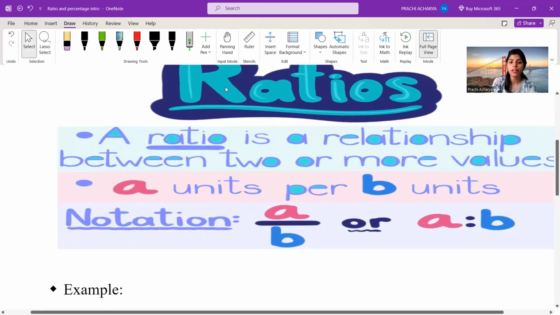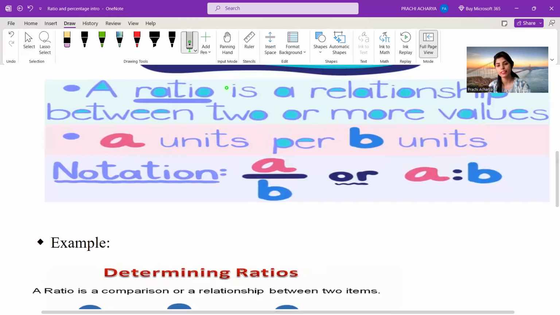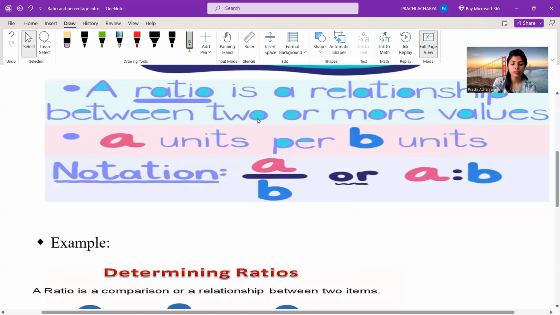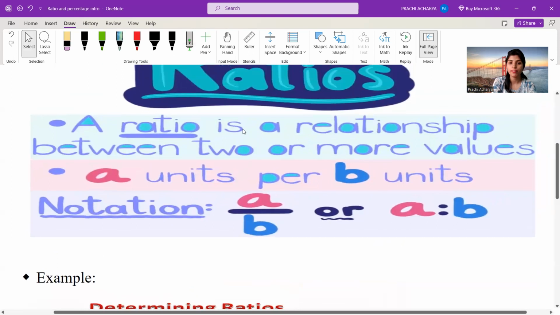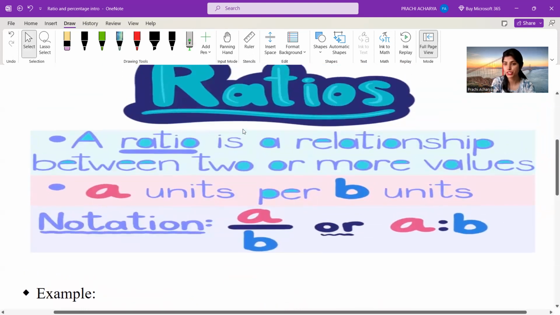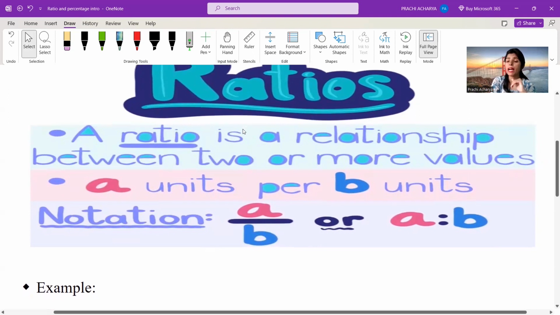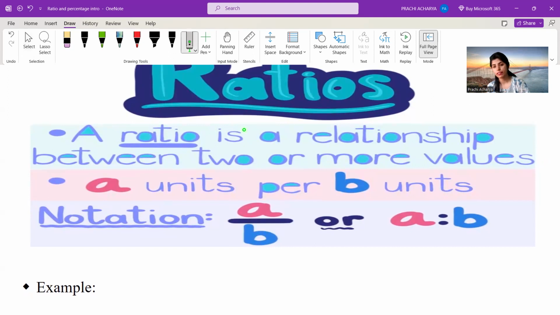For solving we write it as A upon B, and finally after reducing we denote it as A is to B. This is the basic definition of ratios: a relationship between two quantities, or more quantities also, denoted as A is to B.